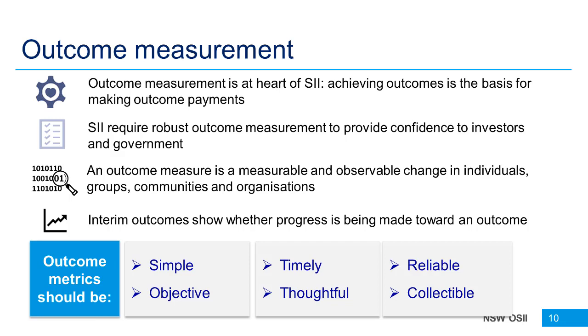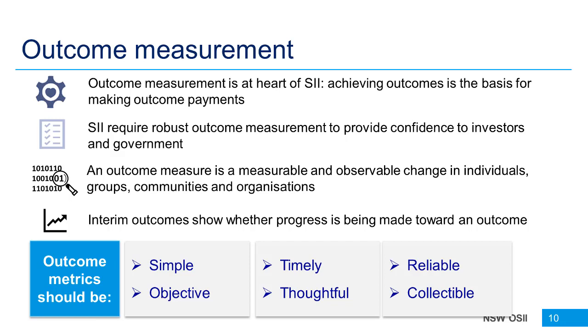In order for an outcome to be measurable, it needs to be able to demonstrate an observable change in individuals, groups, communities or organisations. Consider the use of interim outcomes to show whether progress is being made towards a longer term outcome and the long-term impacts that your program is designed to deliver.